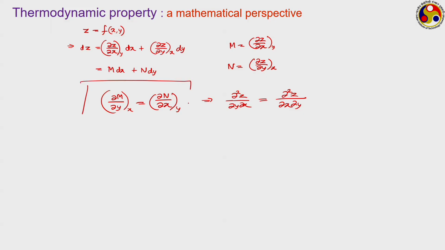So, this is the condition for z to be a perfect function or exact function of x and y, and that is how we can identify any unknown parameter whether that is a property or not.